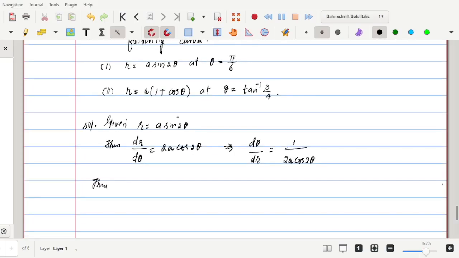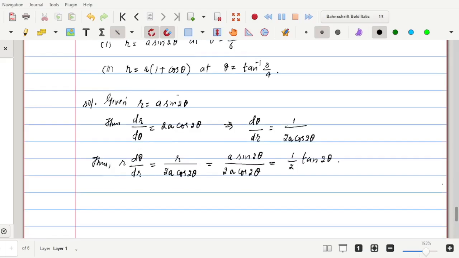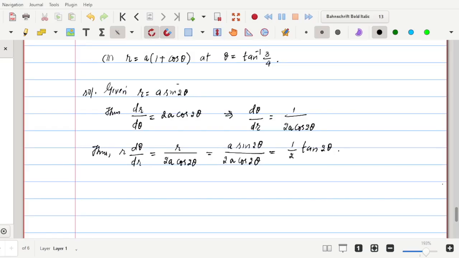So thus this r d theta by dr is now equal to r divided by 2a cos 2 theta, which we can write as, now r we know it is equal to a sin 2 theta, so this is equal to a sin 2 theta divided by 2a cos 2 theta. Now this finally becomes 1 divided by 2 tan 2 theta. So hence, we know that this r d theta by dr is equal to tan phi.